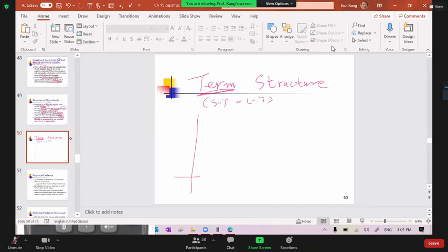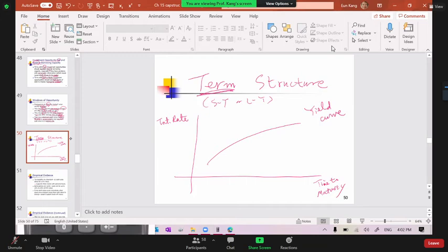So it's like this, this is time to maturity. And this is interest rate. And this is what we call the yield curve. So the yield curve shows the term structure, short term and long term.